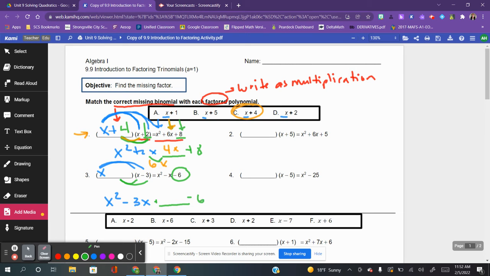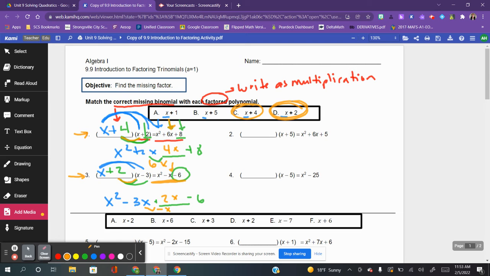Well, 2 times negative 3 gives me negative 6. Let's just check this inner part again, right? So 2 times x would give me a 2x, and if I add those together, I get a negative 1x, which matches that middle term. So factors of x squared minus x minus 6 would be x plus 2 and x minus 3, and so that was option D.